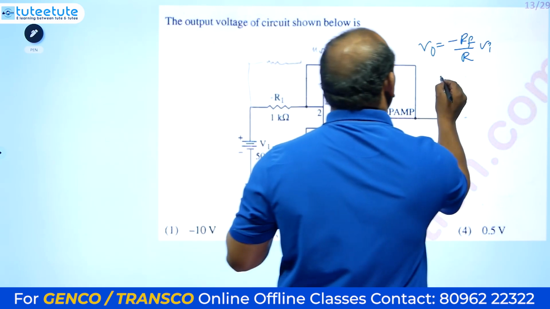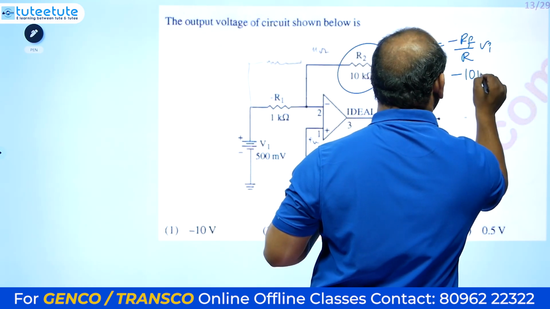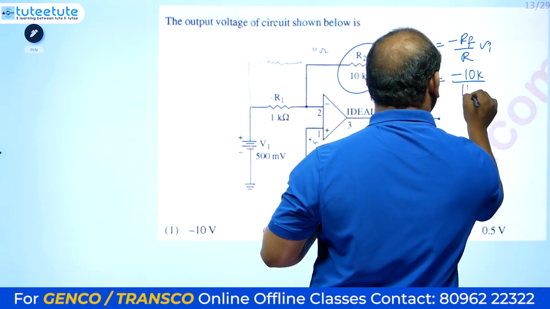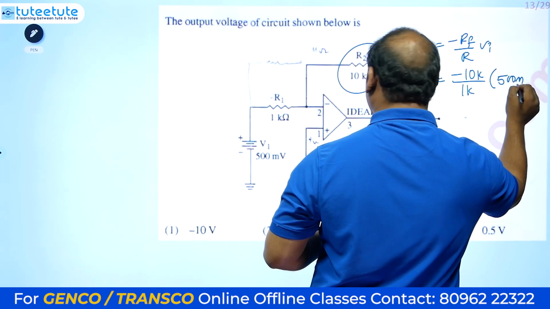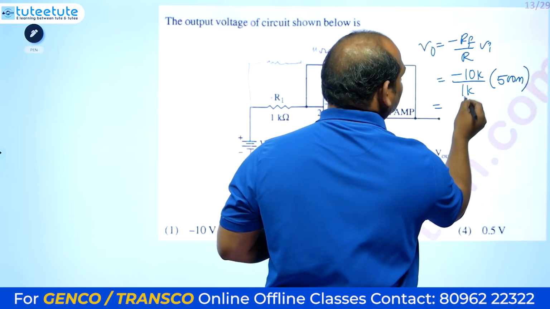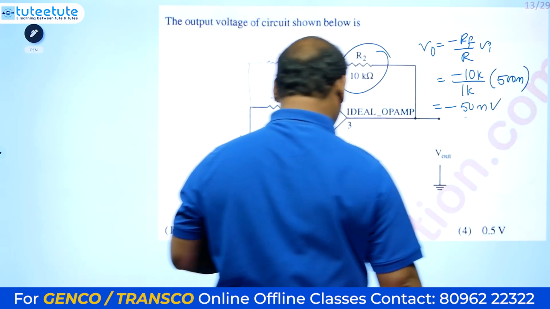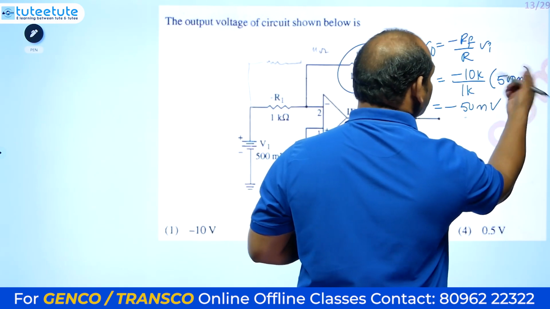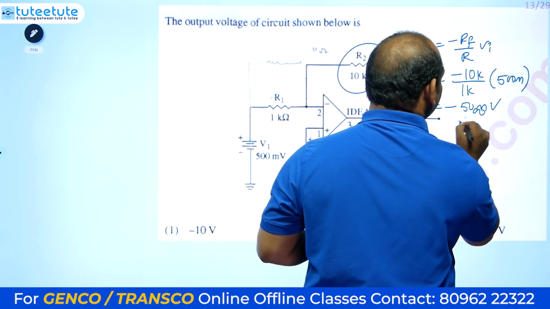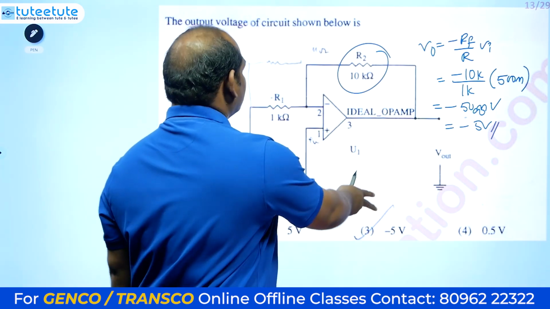So it is equal to minus RF is 10K by R is 1K, and the input voltage value is 500 milli. So it is just minus 50 millivolts. Okay, K and K will be cancelled. Sorry, it is 5000 milli. 5000 milli means minus 5 volts. Okay, like this we can write.